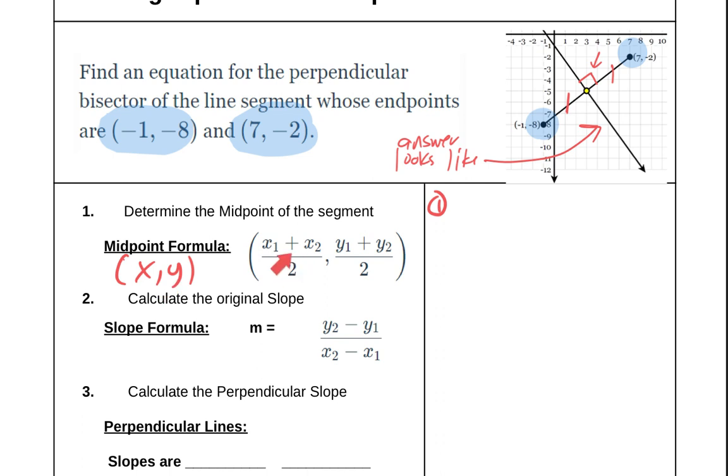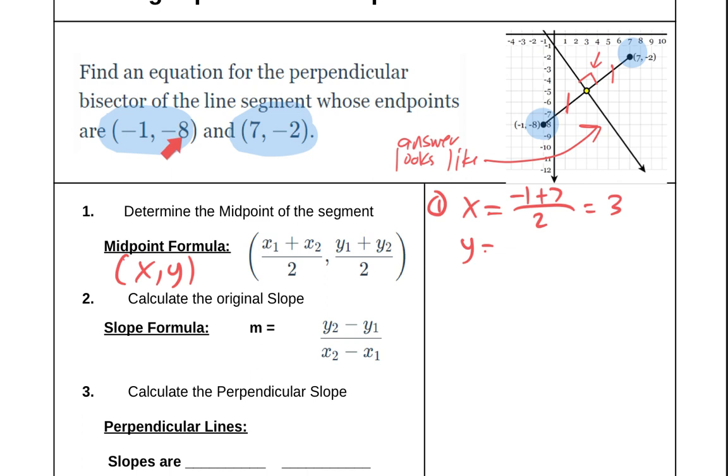So let's first calculate the x value. So we're going to say the x is going to be equal to the x plus the x divided by 2. So if x is first, we're going to say negative 1 plus 7 divided by 2. Okay, if we put that into our calculator, that's going to give us 3. Okay, now the y value, we remember we can't put this whole thing in our calculator. The y is going to be the y plus y divided by 2.